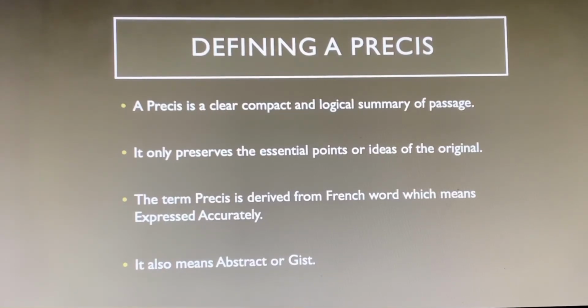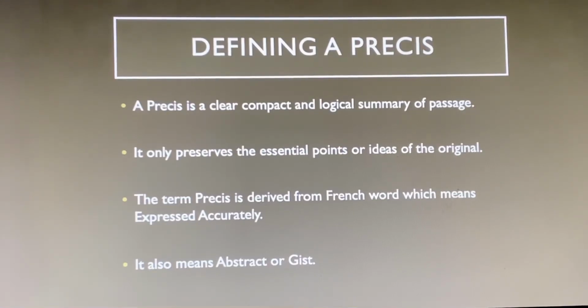You gist it out, you make a small abstract. So Precis is nothing but an abstract itself. It's a small summary which you make for your bigger passage in order to use it at any point of time as a summary, including all the important points of those passages which you have read.